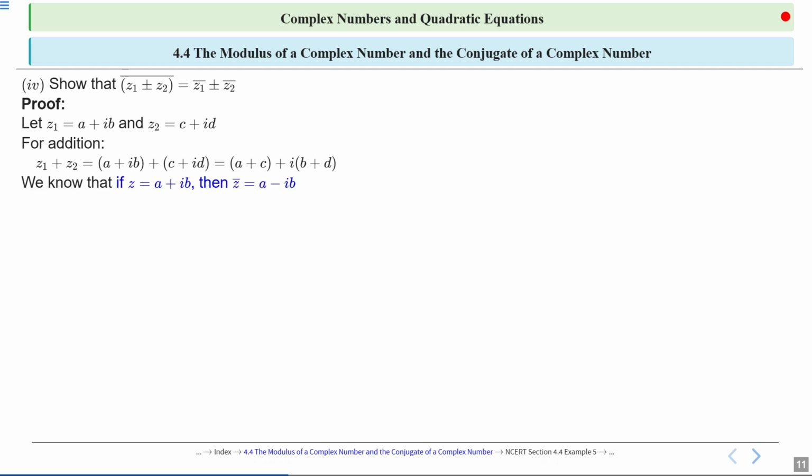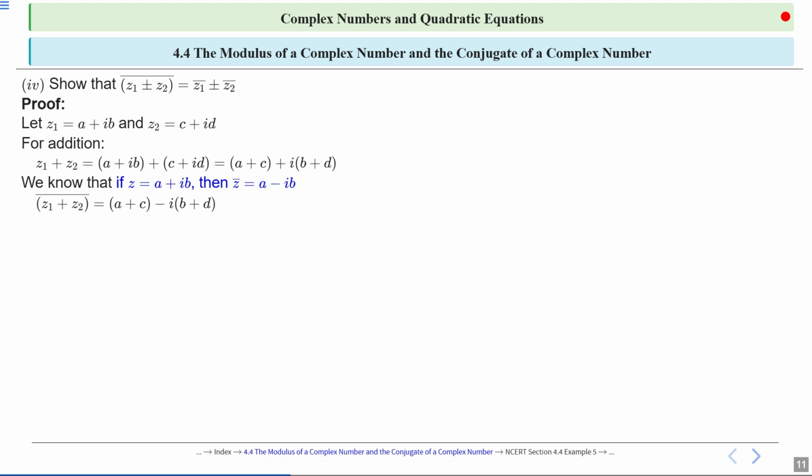Now let's recall how to find the conjugate of a complex number. If z equals a plus iota times b, then conjugate of z equals a minus iota times b.